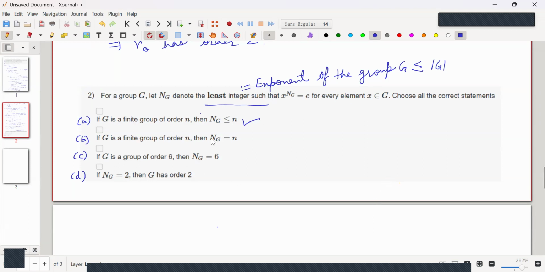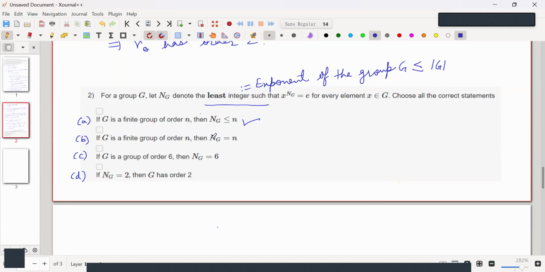That is one way to see it, but that argument fails when your G is infinite, because then x raised to the order of G will become x raised to infinity, right? So you may need to split it in two cases. First is when G is a finite group. Then for a finite group, x raised to the order of G is identity. And since this N_G is the smallest integer such that this holds, this has to be less than or equal to the order of G. Second case is when the group is infinite.